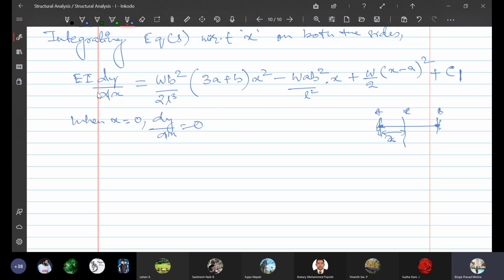If we put this in, it will be EI into 0 plus, since it is x square, everything into x will be 0 here, then plus this one will be again 0. And what about this one?